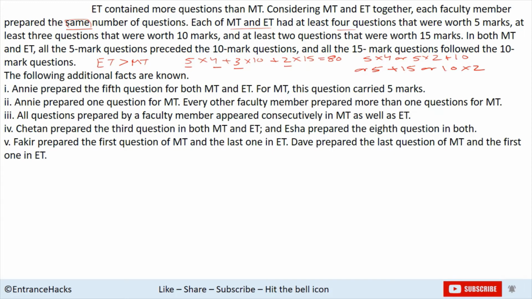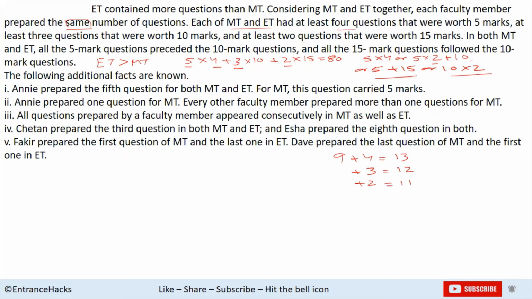So 9 questions are there, plus we can have either 4 questions, 5 into 4, or there could be 3 questions in this configuration, or there could be 2 questions in either of these configurations. The total questions would be either 13, 12 or 11. So that could be the questions configuration, right?